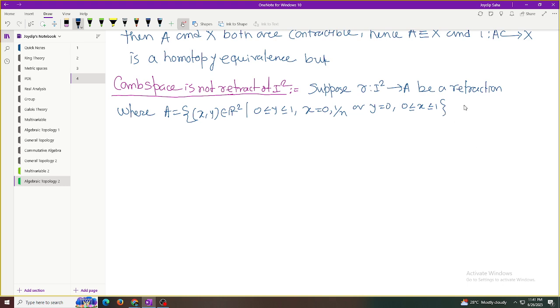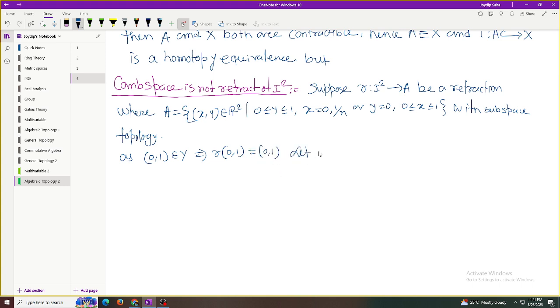The comb space with the subspace topology. Here (0,1) belongs to A. This implies R(0,1) equals (0,1).